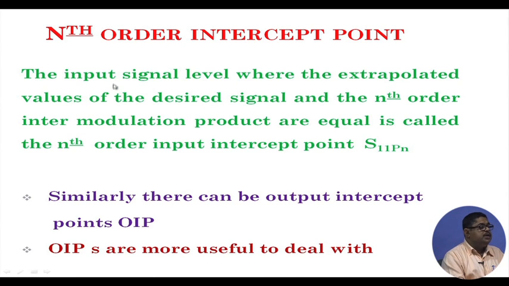So, there can be input nth order intercept points, similarly there can be output intercept points. Output points are called OIP, input intercept points are called IIP. Generally OIPs are more useful to deal with, because we are concerned with the amplifier output, but if the intercept point is specified in terms of input, you can also do that.